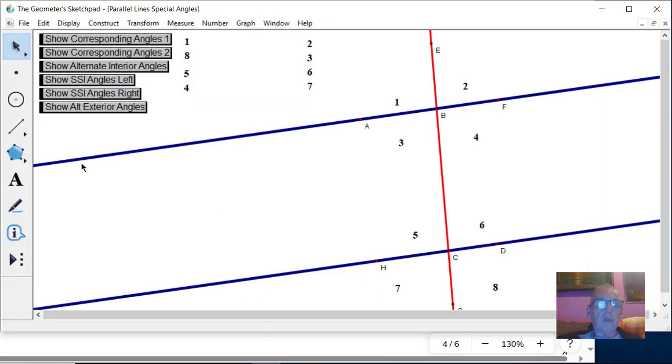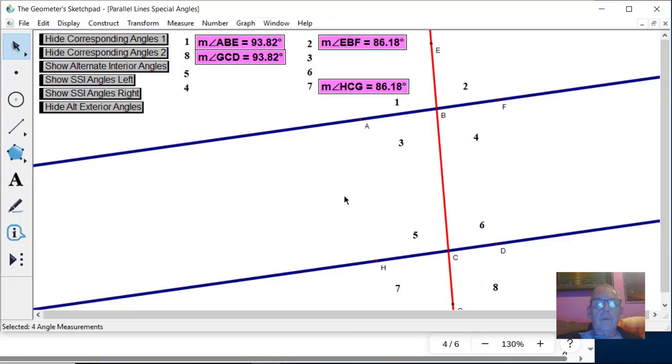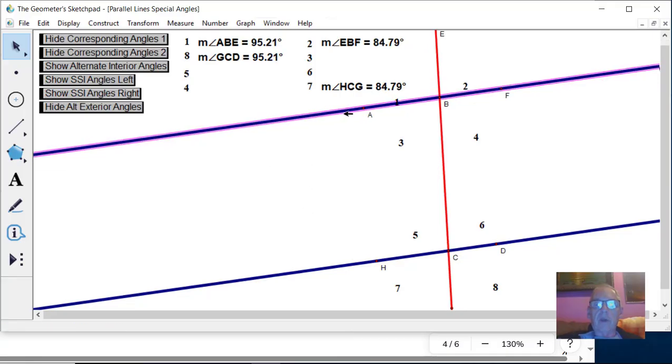Let's look at the demonstration. Alternate exterior angles would be 1 and 8 and 7 and 2. So let's look at 1 and 8. 1 and 8 should be congruent. 1 and 8 have the same measure, and also 7 and 2 are alternate exterior angles, and we can see that 7 and 2 also have the same measure.